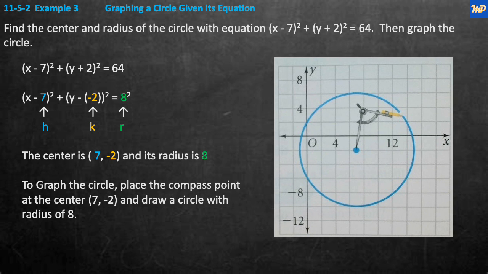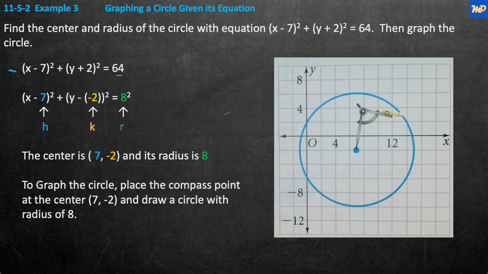Writing down the equation as it states in the problem, right off the bat we notice that 64 should be r squared. If you take the standard form, r squared is what we're going to return this to. We want the r value.